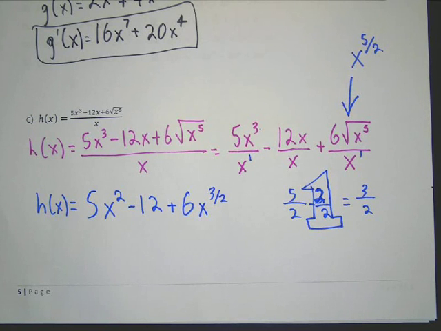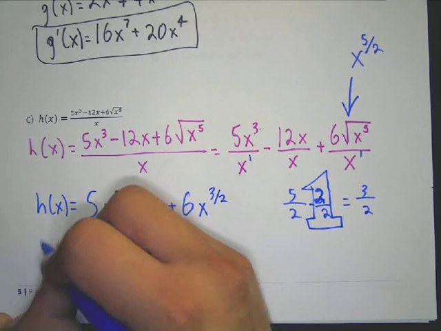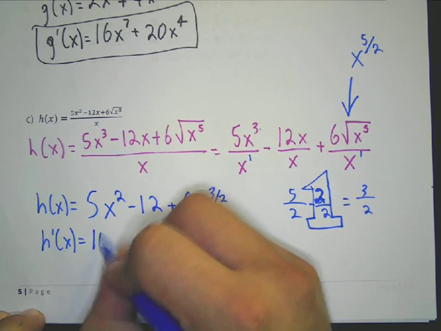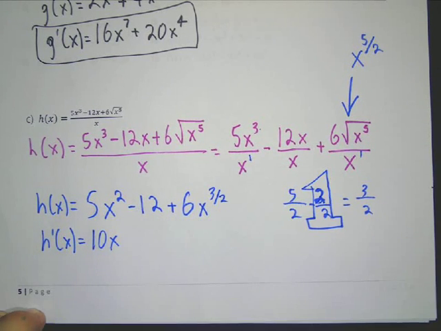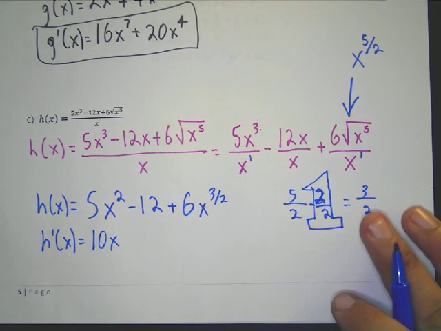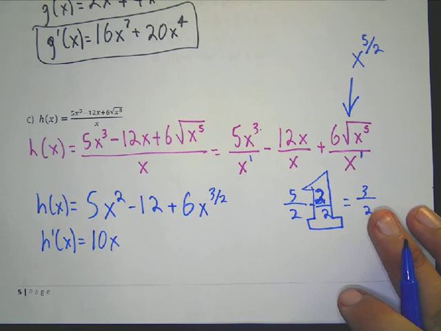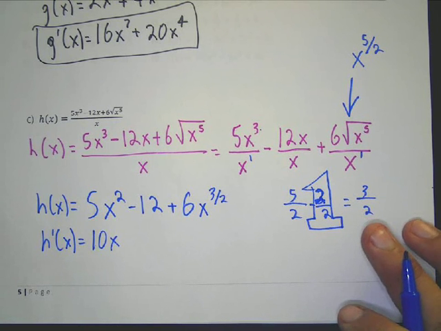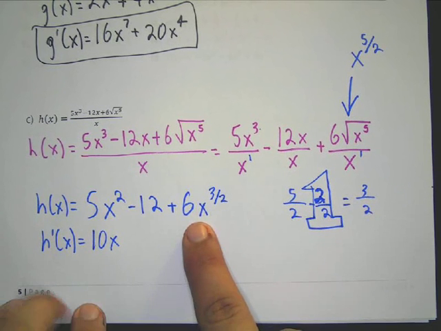And what's our last step? The derivative. We've got to find the derivative. Yes. And notice the derivative actually is probably the easiest part of this, right? You just put the 10x. What happens to the negative 12? It's a constant, right? Negative 12, so it just goes away. And then you take the derivative here, plus 6. What am I going to multiply that 6 by?